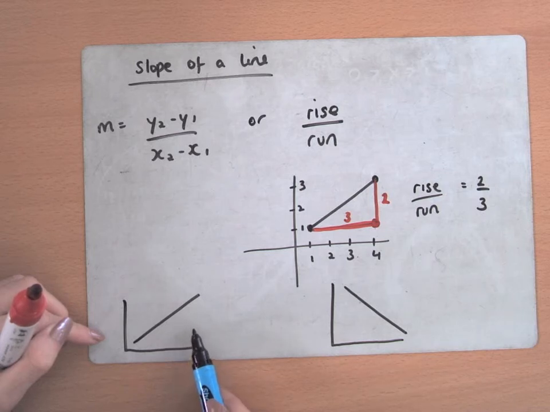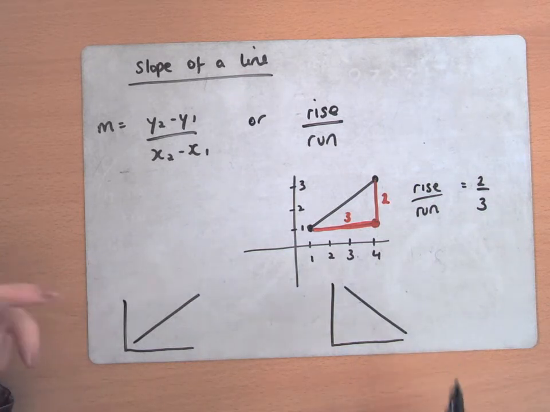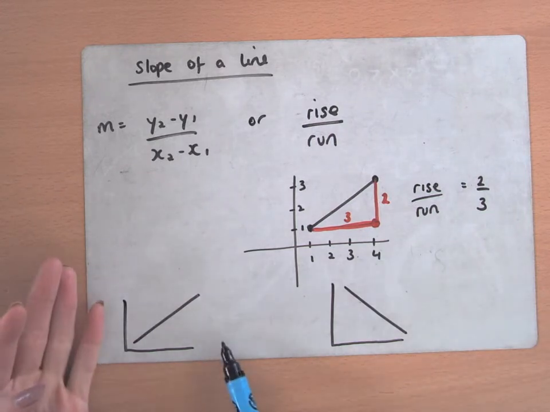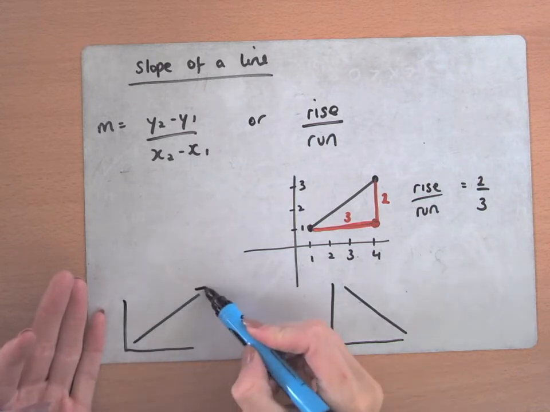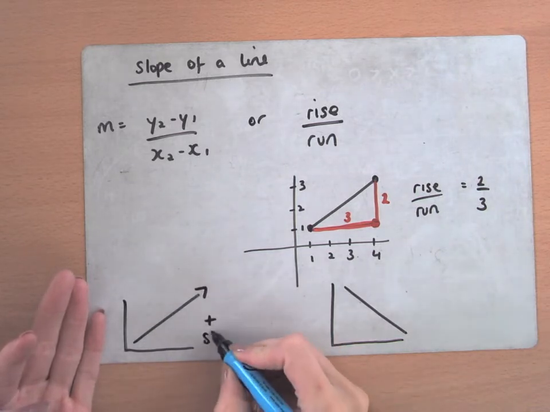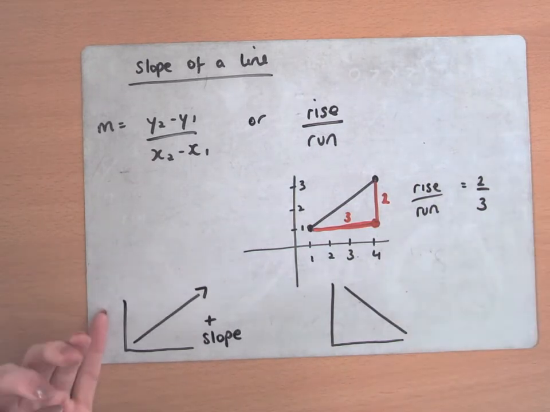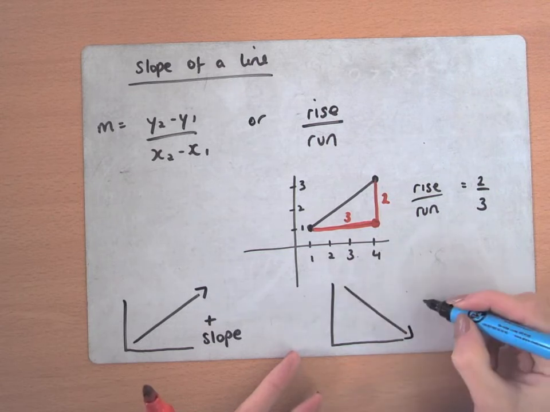Anyone want to guess? Positive. This one is negative. How did you know though? It's going up. If you read your book, you read the page from left to right. What's happening as you move from left to right? It's going up. So that's a positive slope. That means your answer is going to be a plus, like this, 2 over 3. What about this one? That's a negative slope.